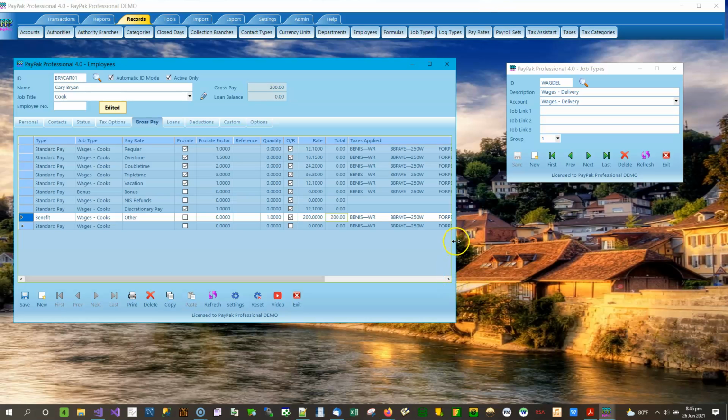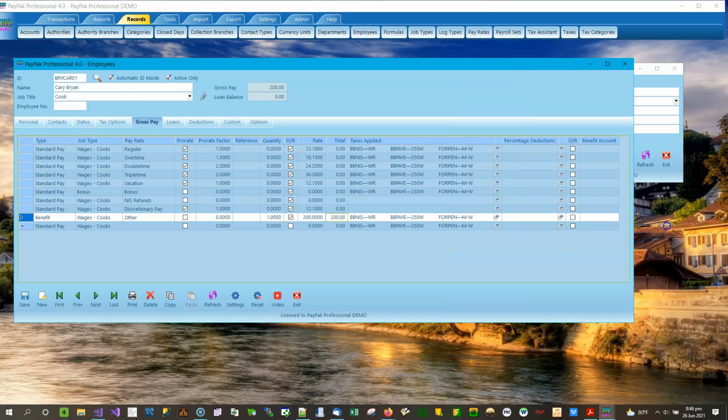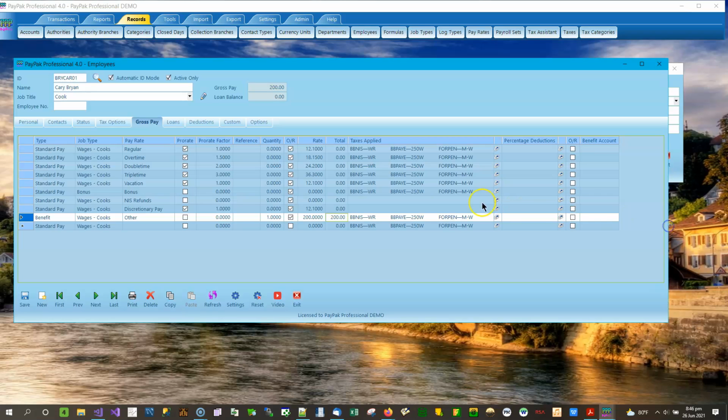Now over to the right of the gross pay screen, there is a benefit account which can be assigned. It's optional. Some customers will set this up and others will not. Now the difference with a benefit is that it is not paid out in terms of money.